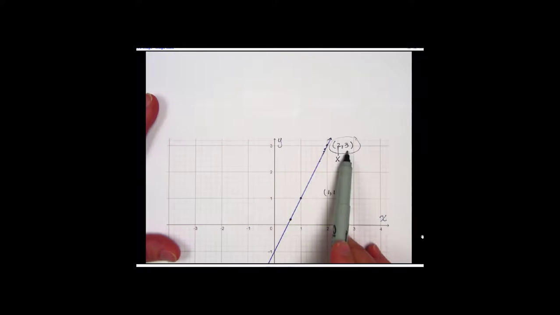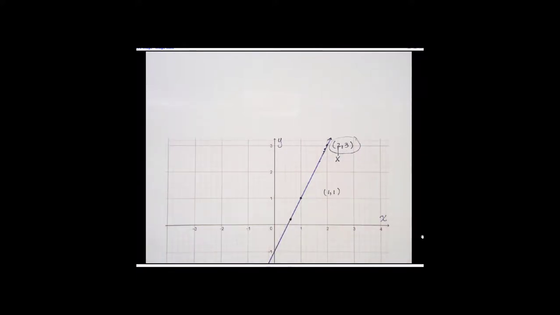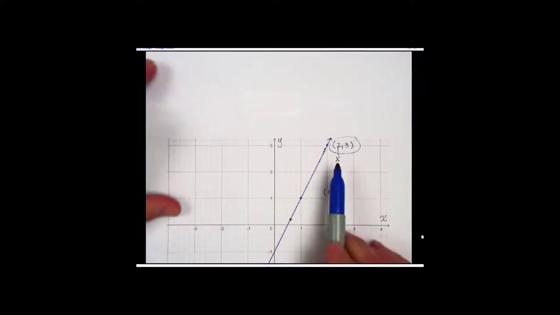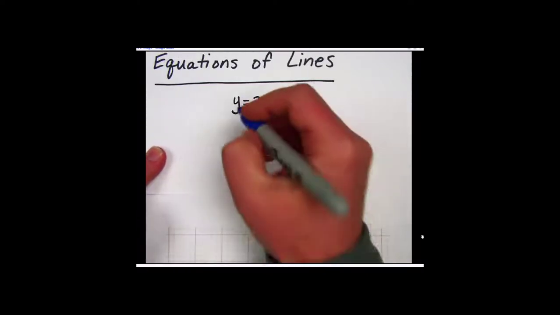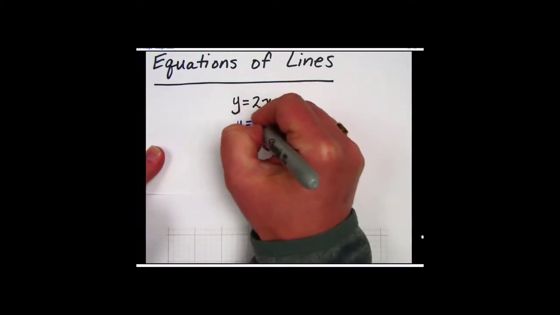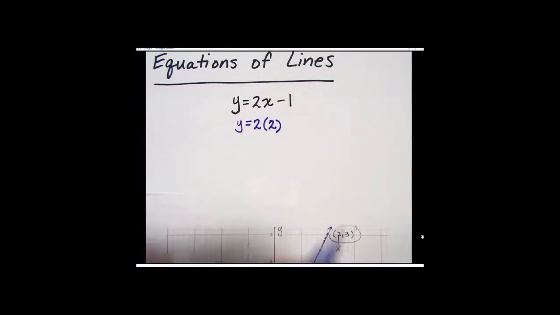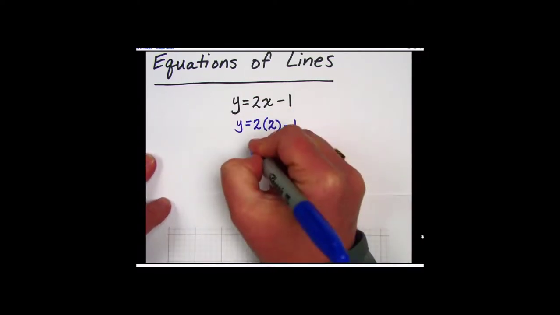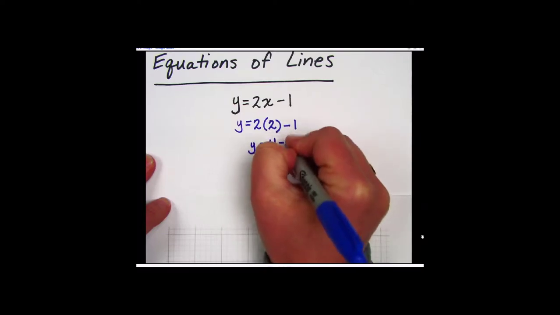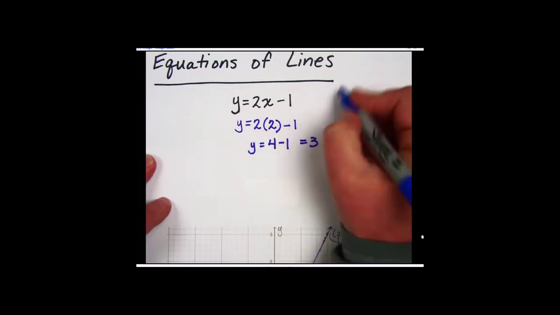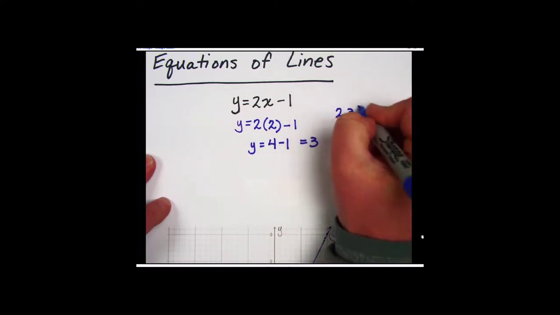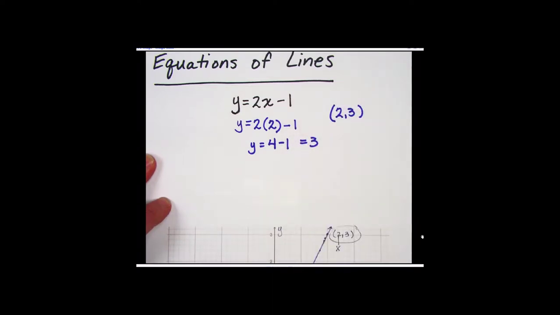Or if I plug in 3 for y, I should get 2 for x. So let's try it up here. First, let's plug in 2 for x. We would get that y equals 2 times 2 minus 1, which is y equals 4 minus 1, which is 3. Okay? And what that tells me is that the point 2, 3 is on that line.